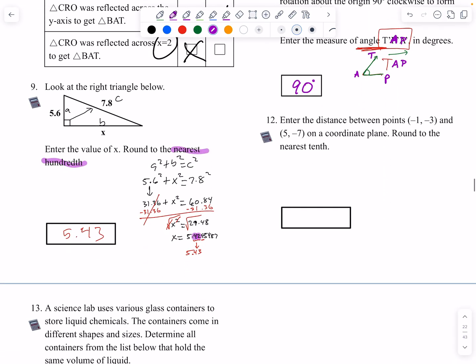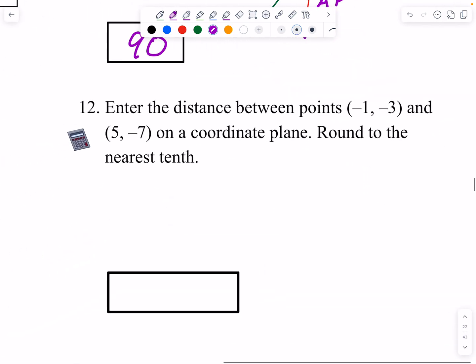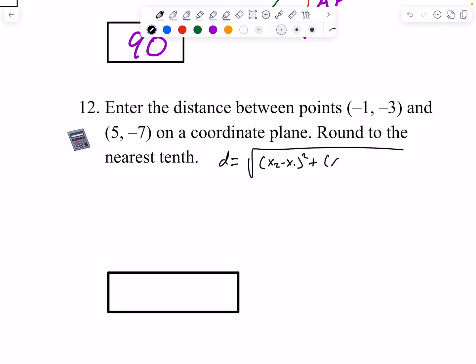Okay, moving on. Find the distance between points -1, -3 and 5, -7 and round to the nearest tenth. So here's the kicker. You can do the distance formula, where you can have x2 minus x1 squared plus y2 minus y1 squared.